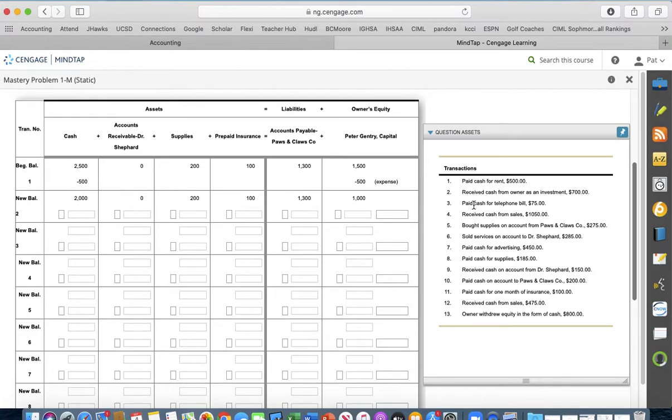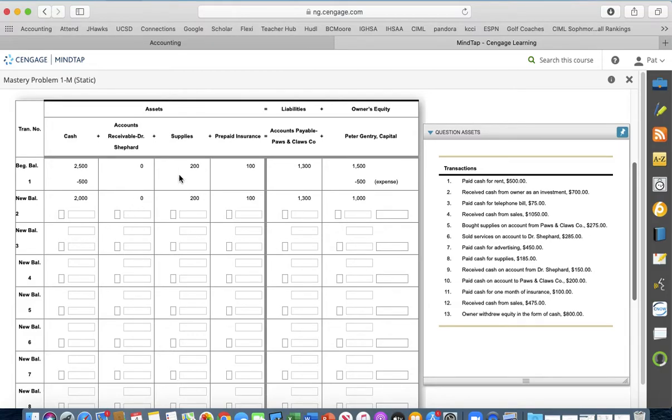We have investments, we have expenses, we have withdrawal. When you withdraw equity, you subtract cash and you subtract capital. It's a withdrawal. When you pay rent, it's a rent expense. Advertising expense, cell phone, utilities, it's expense. When you have a sale for cash, it's a revenue. When you make a sale on account, it's revenue.